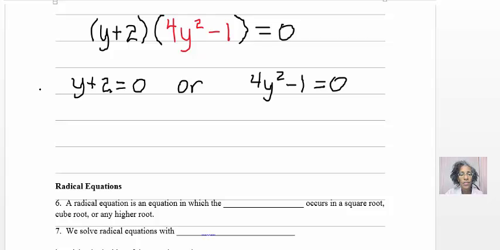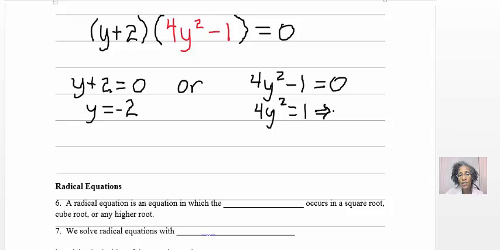So y is negative 2 or 4y squared is 1. So here I've added 1 to both sides.